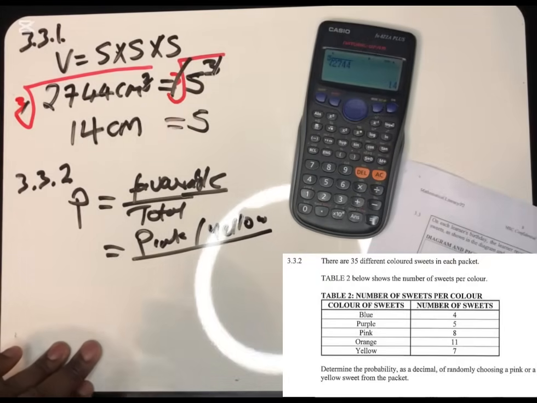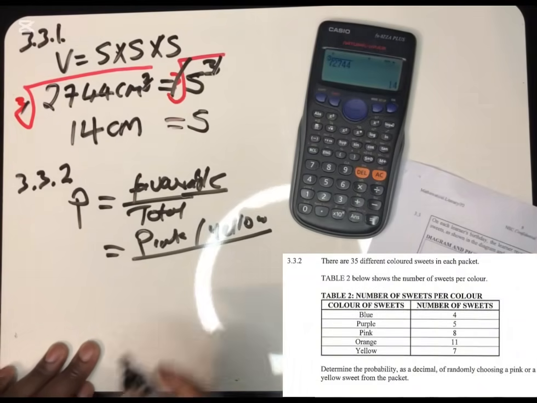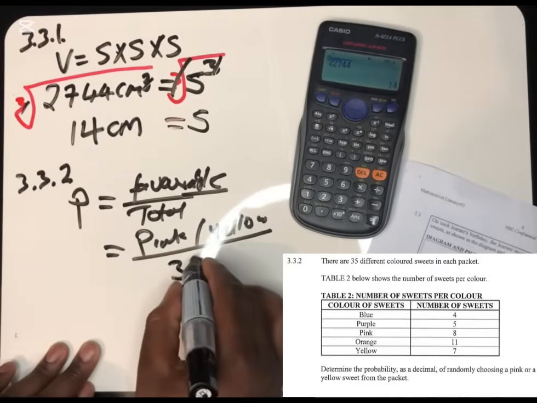Total is everything: blue, purple, pink, orange, and yellow. So what we need to do here is to add the total of everything. We are just going to say 4 plus 5 plus 8 plus 11 plus 7. We can see that with a calculator, it gives us 35.